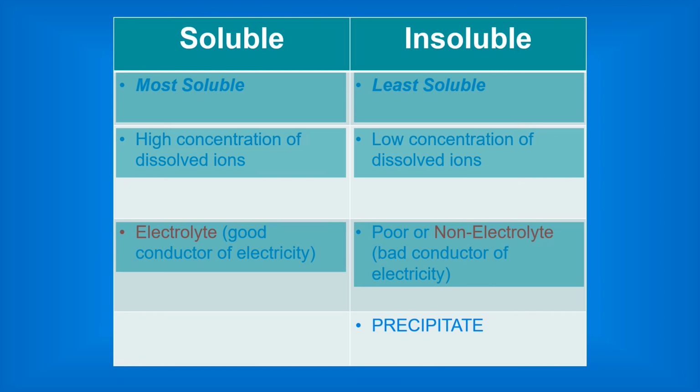If something is not making ions, it's most likely not going to conduct electricity. So this thing right here is just giving it the names. So good conductor is an electrolyte, bad conductor is a non-electrolyte in solutions. And then finally, when something is insoluble in water, it also most likely can form a precipitate.